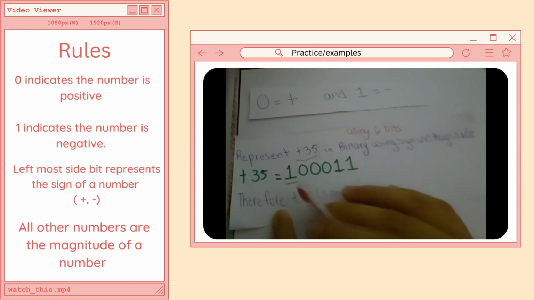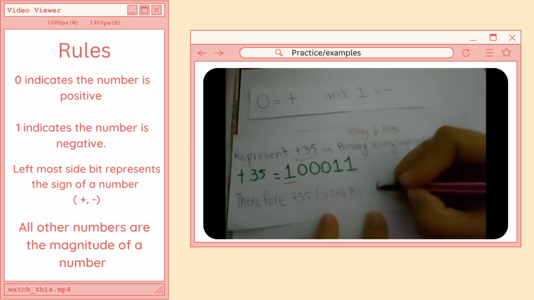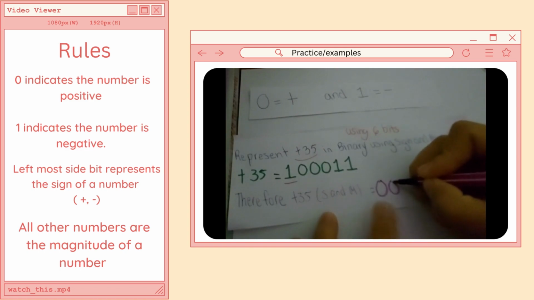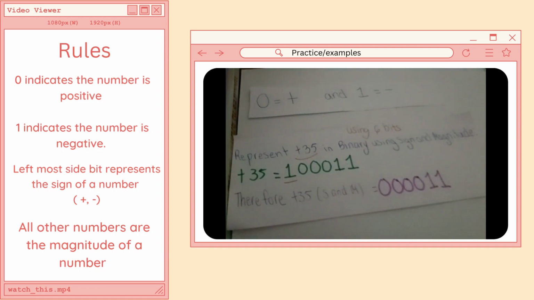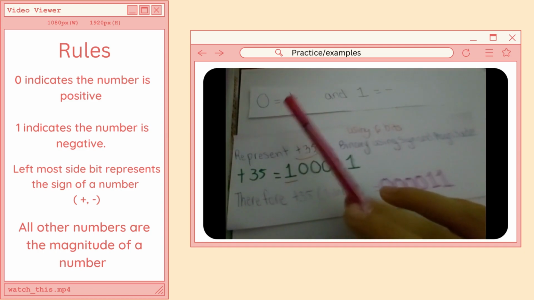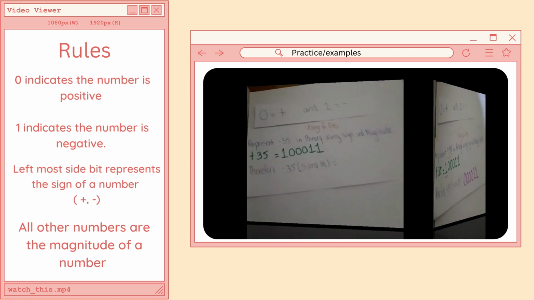So the leftmost digit has to change to a 0. Therefore, it would be 0, 0, 0, 0, 1, 1. Again, the reason for the change is because 0 represents positive, and here we are finding a positive number.